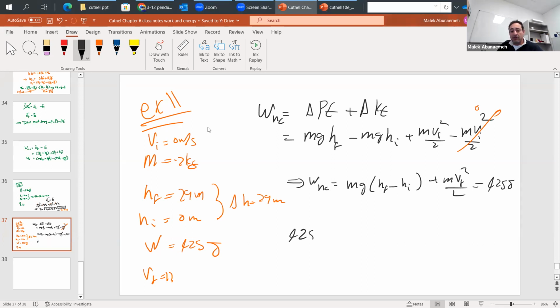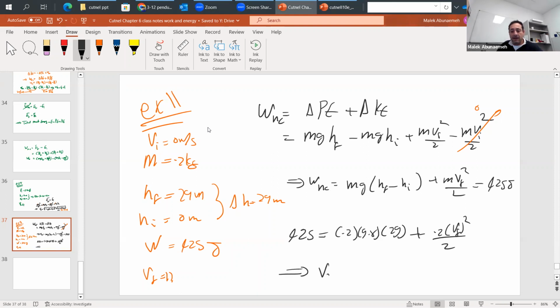So 425 is going to equal 0.2 times 9.8 times the 29 meters that we got, plus 0.2 times your final velocity squared over 2, which we need to find.